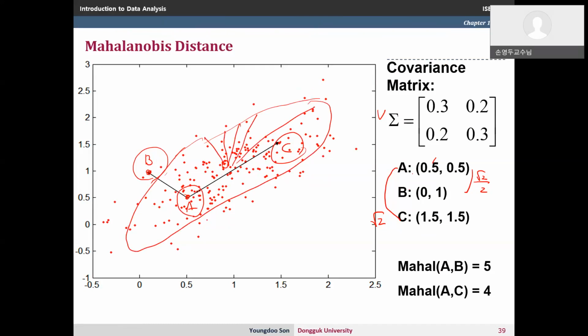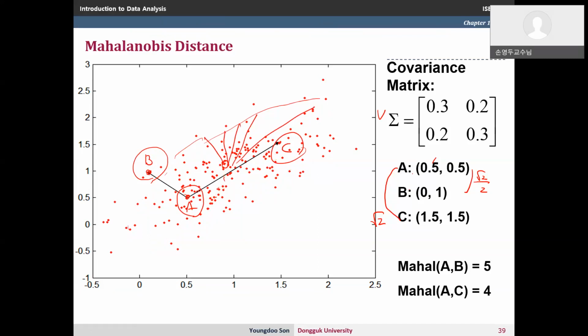So if we move in this direction, the Mahalanobis distance is shorter than what we actually see, and in this direction, the Mahalanobis distance will be longer than the Euclidean distance, as we expected.